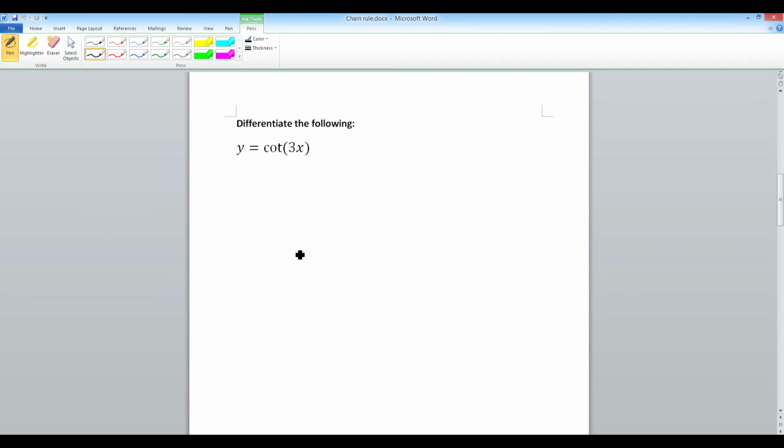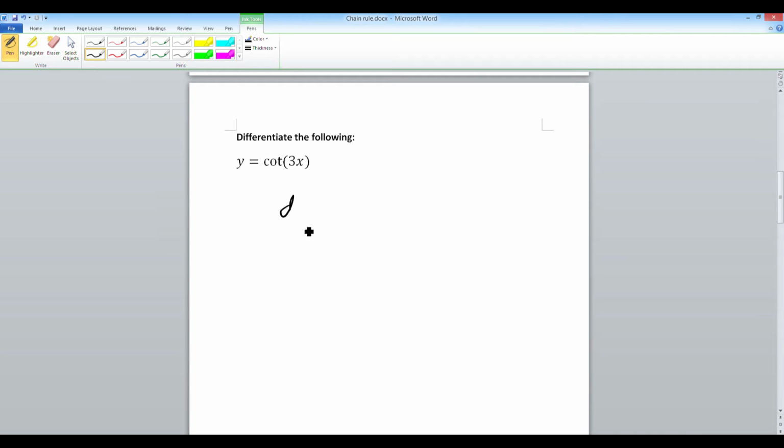So if I want to differentiate this, I'm going to say dy/dx, and so the chain rule specifies I want to find the derivative of what is inside. So the derivative of 3x is 3 multiplied with the derivative of cotangent of this something.